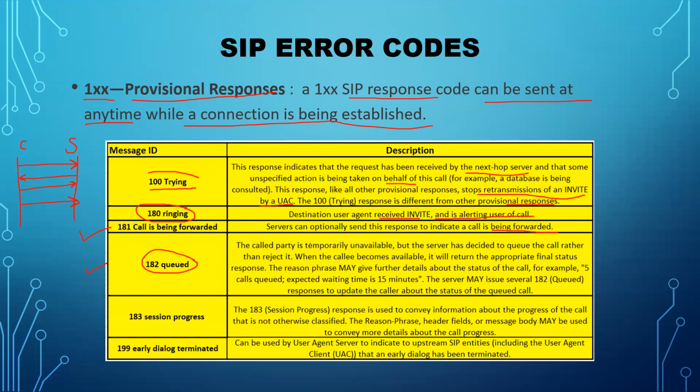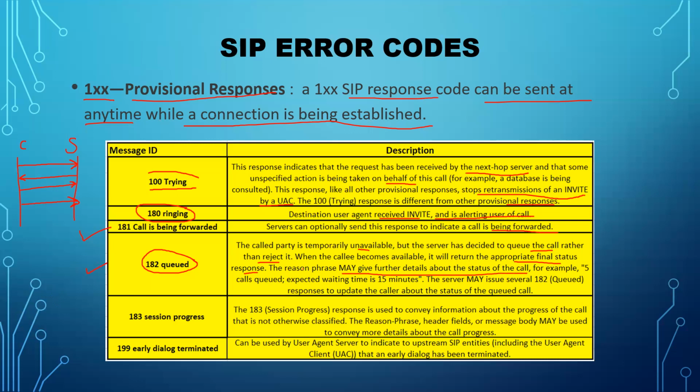So let me just read this out. The called party is temporarily unavailable, but the server has decided to queue the call rather than reject it. So the server will not reject the call, it will queue that call. And when the callee becomes available, it will return the appropriate final status response. The reason phrase may give further details about the status of the call.